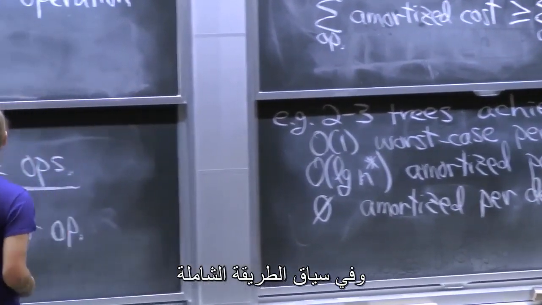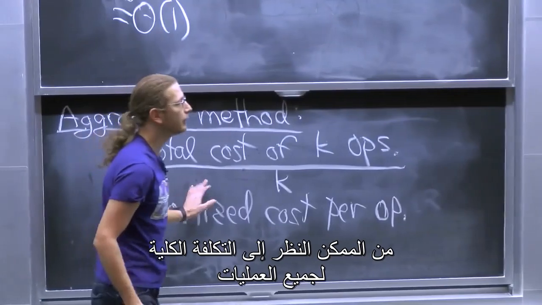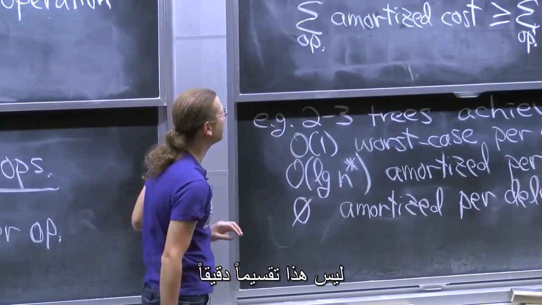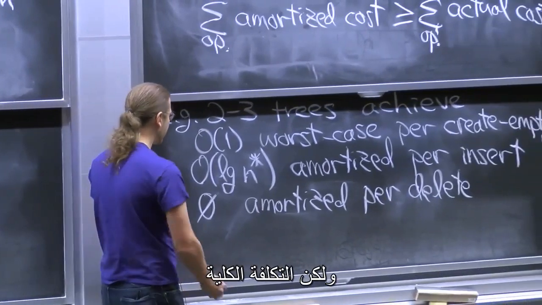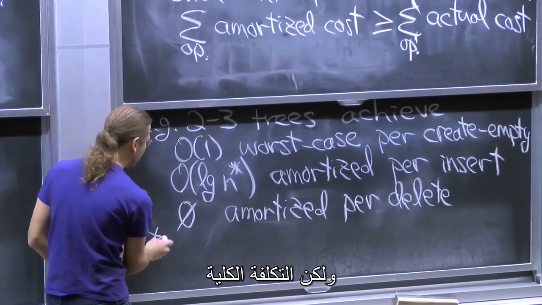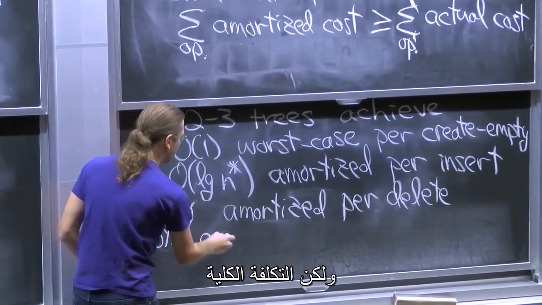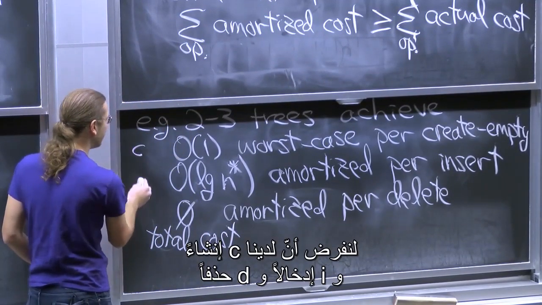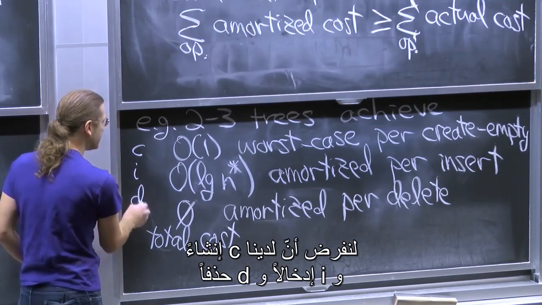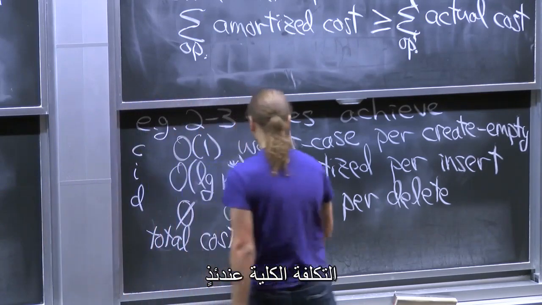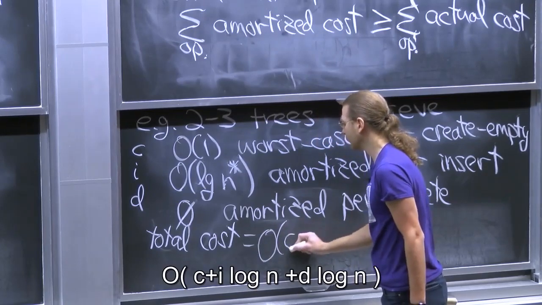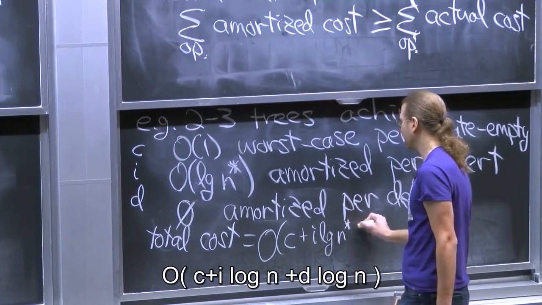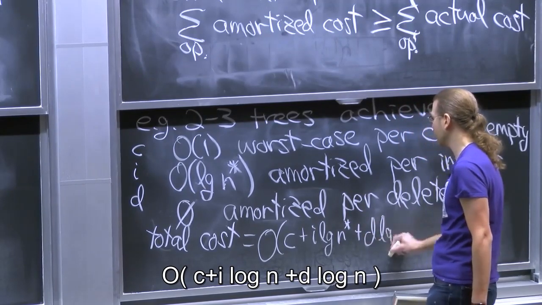And in the context of just the aggregate method, you could look at the total cost of all the operations. I guess we're not exactly dividing here. But if we look at the total cost, let's say that we do C creations, I insertions, and D deletions, then the total cost becomes C plus I times log n plus D times log n.